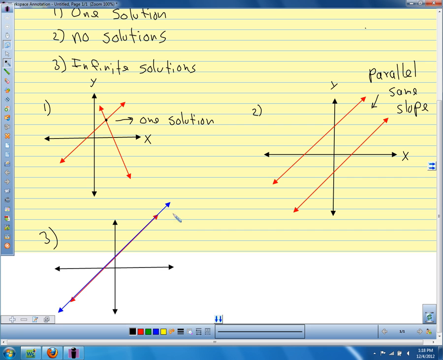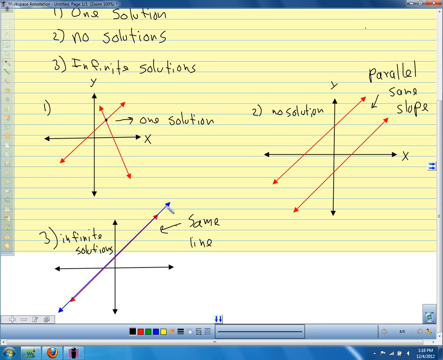And we have basically the same line. So this is our one solution, this is our no solution case, and this is our infinite solution case. So our lines end up on top of each other.